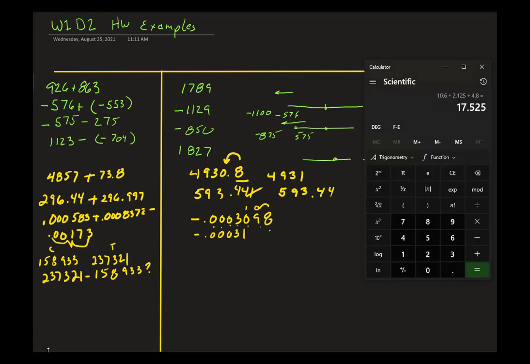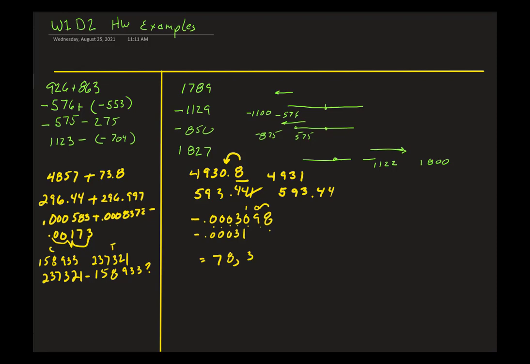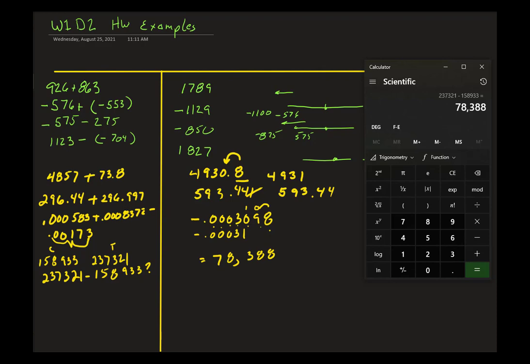And we'll pop up our handy dandy calculator. 237,321 minus 158,933 for an answer of 78,388. I think I got that right. Yep. All right, so let's go on to the next one. That was 15. Let's try 17.